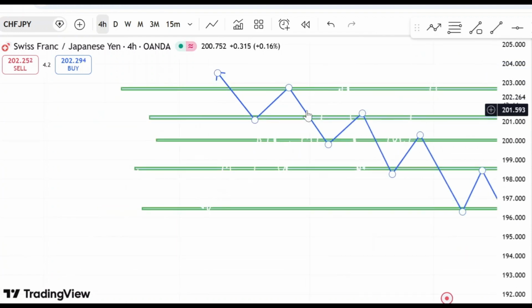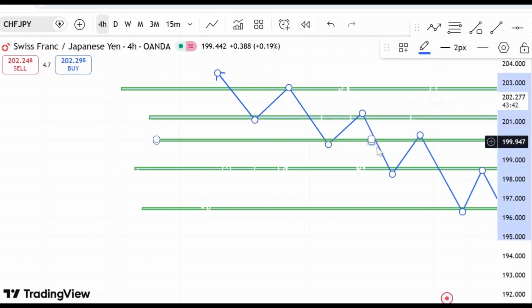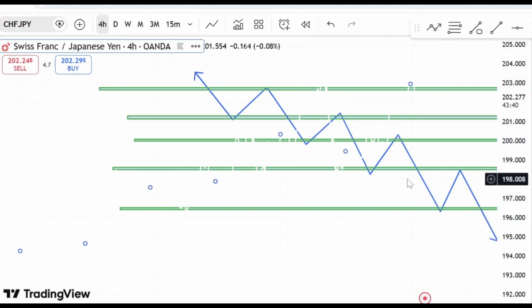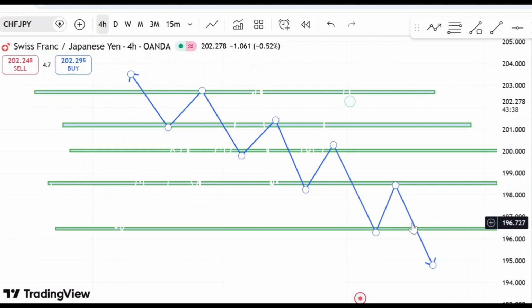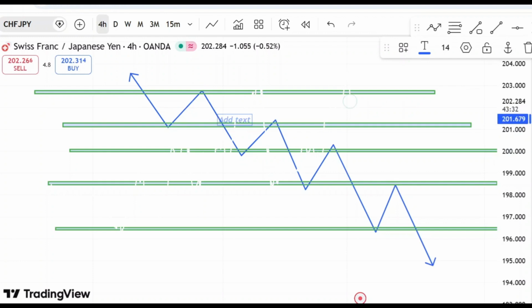This is also called the continuation phase. This is a continuation phase, this is a continuation phase, this is a continuation phase. Let's try again to name them.